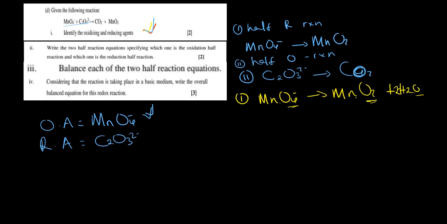There are 4 hydrogen on this side, so you put 4 hydrogen ions to balance the hydrogen. So MnO4⁻ plus 8H⁺ is equal to Mn²⁺ plus 4H2O. All right, so that's how you do it. So you have balanced everything here for the first one.